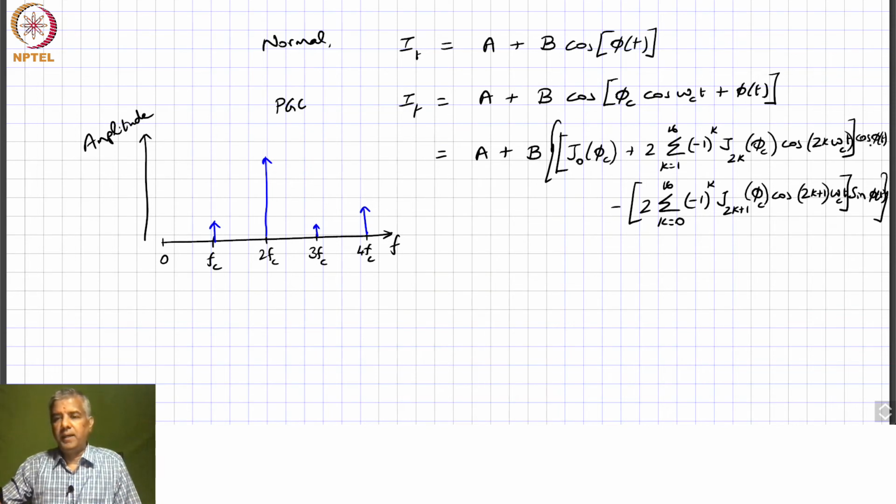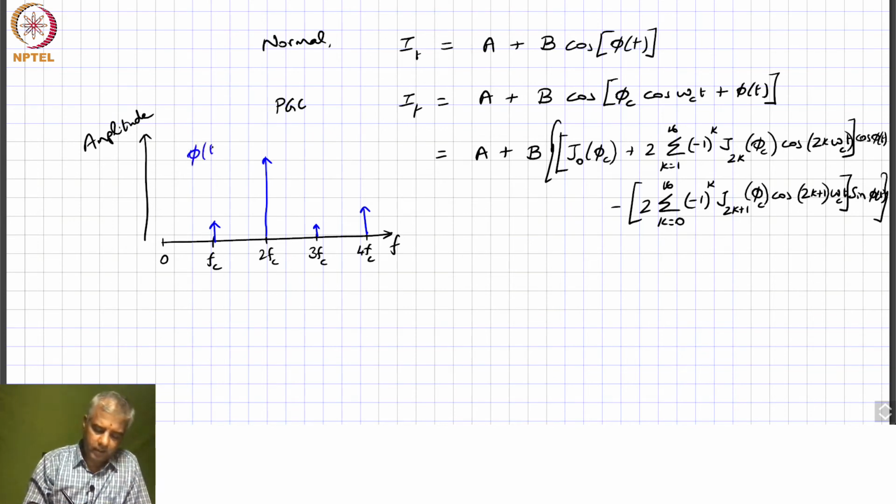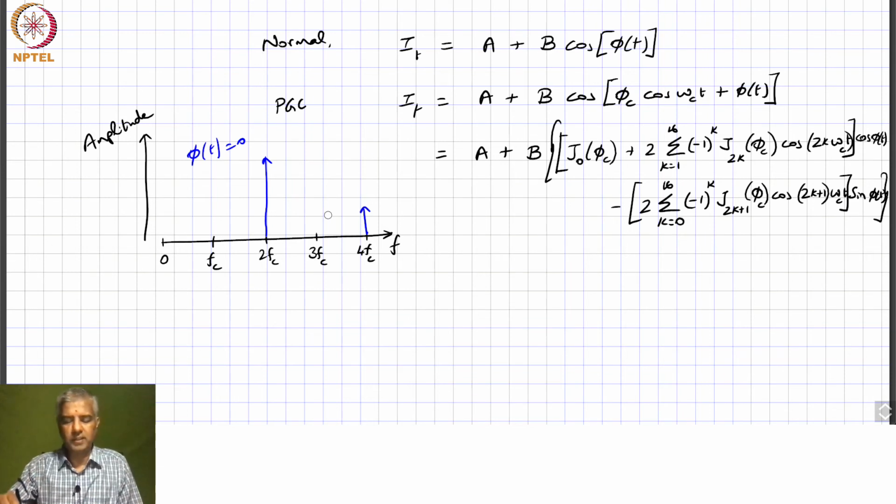And so on, and this would depend on the value of phi of t. Okay. So, let's take some examples. So, if you have let's say phi of t equal to 0, right, then all the odd terms are going to vanish, because sine of phi of t is equal to 0. That means all the odd frequency components are going to vanish. So, I will basically erase this. So, it will look like this.